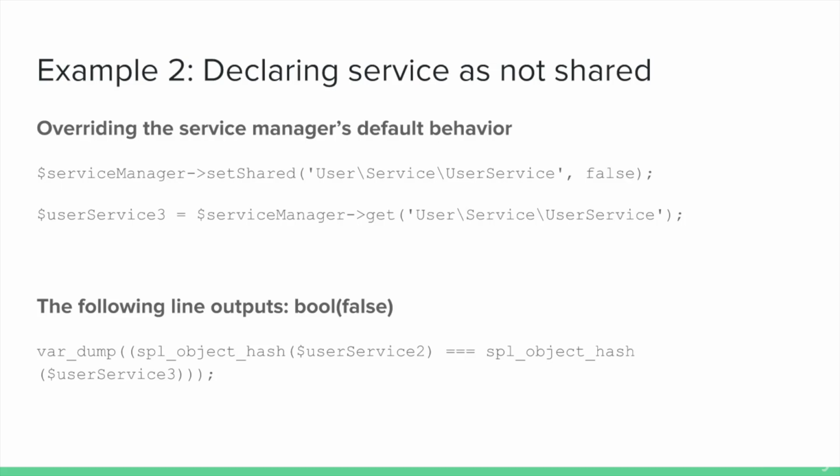In this case, we don't want the service to be shared, so we pass in false. So if we receive the object again from the service manager, we will see that the hash values are no longer identical. And this is because the object that we fetch from the service manager is not cached anymore. So each time you request an object of this type, it will be instantiated again.